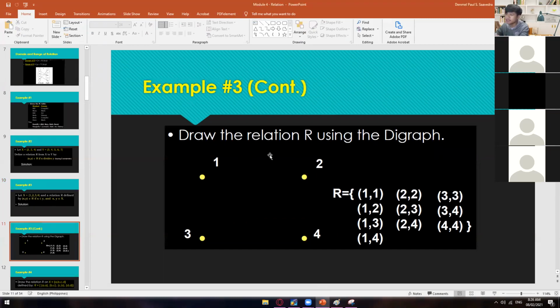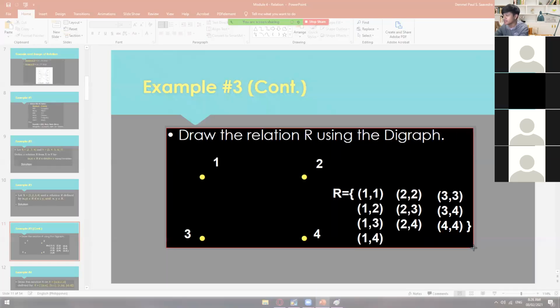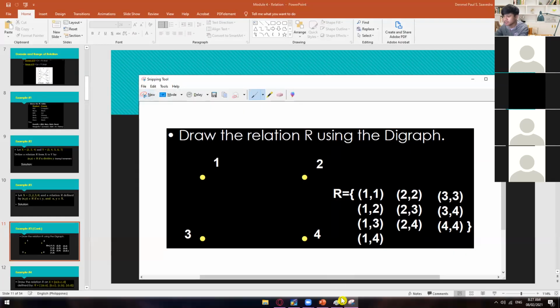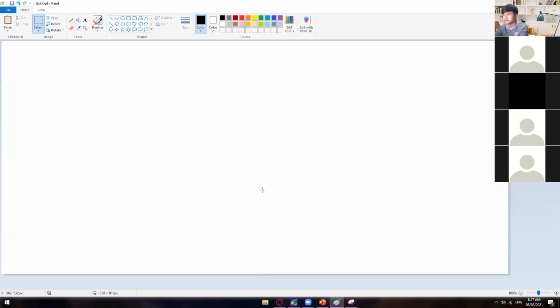In here, draw the relation using a diagram. So first, when we see a diagram, this is a connection or a relation between two elements, from this point to this point. So let me show how to draw those relations using a diagram.